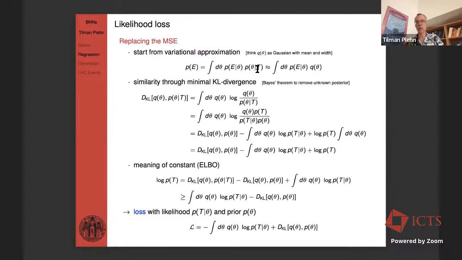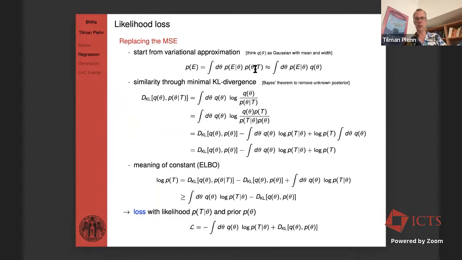If you think formally in terms of what people call the variational approximation about what network training then means, it is that I replace the probability distribution given the theta and given the training data by a universal learned distribution Q of theta, where the training data is kind of taken care of. It's trained, right? This approximation sign here says network training.